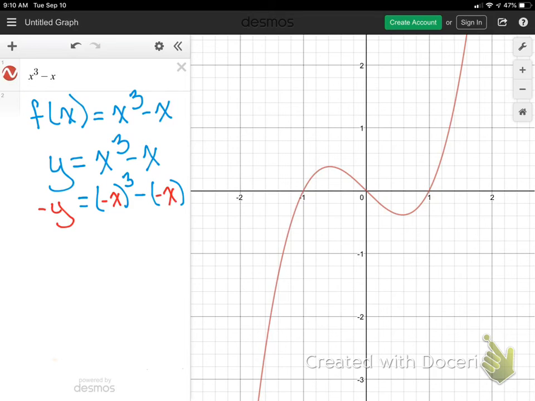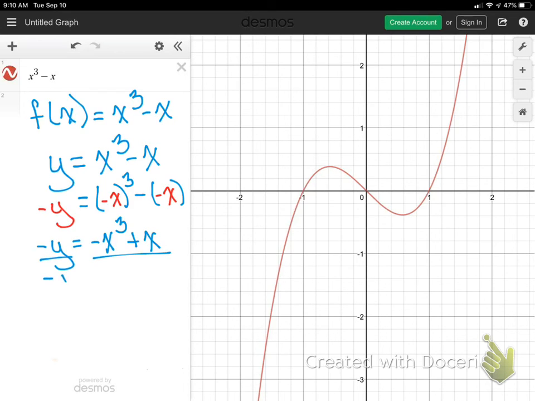Okay? Negative x, or negative 1 x to the third power, leaves me with negative x to the third, because negative 1 raised to the third power is negative. Then I have minus a negative, so that becomes plus.